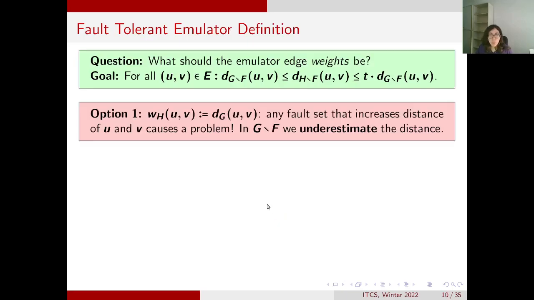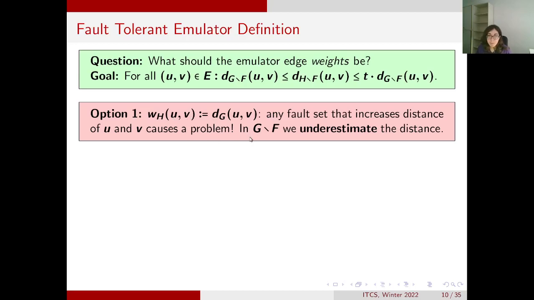So what are our options? In a lot of classical algorithms for emulators, we always set the weight between a pair of nodes U and V to be the distance between U and V in the original graph. So let's say we do this without taking any faults into account, and we just set the weight of an edge UV to be exactly d_G(U,V).